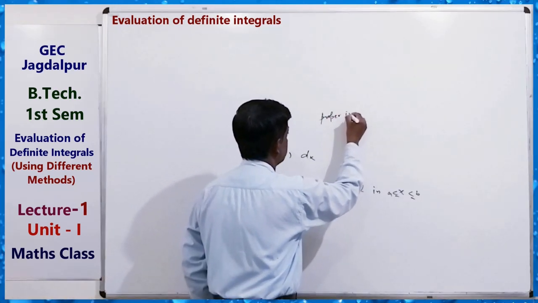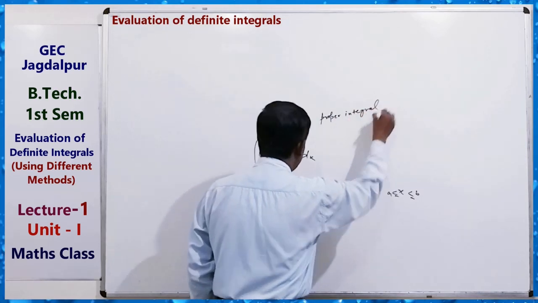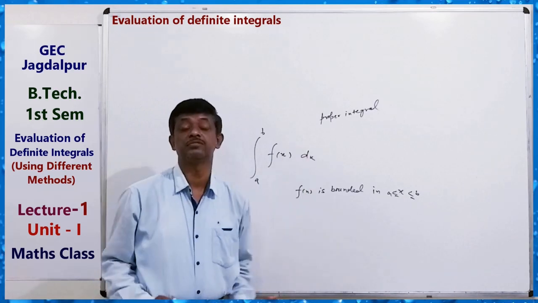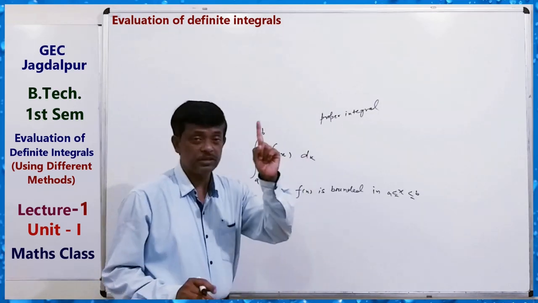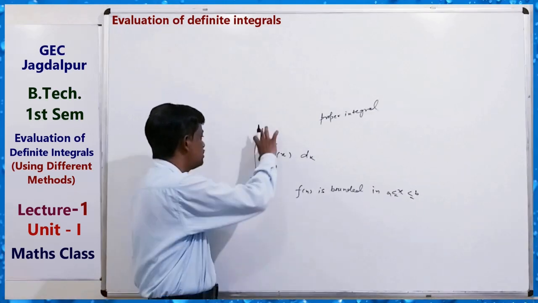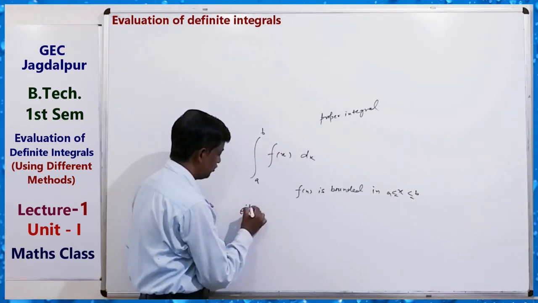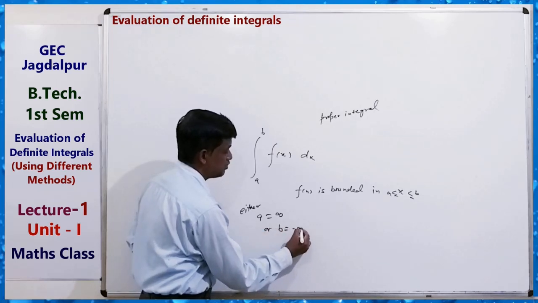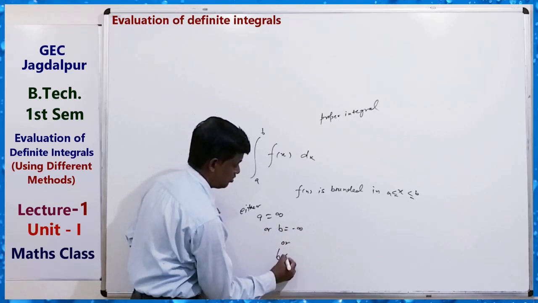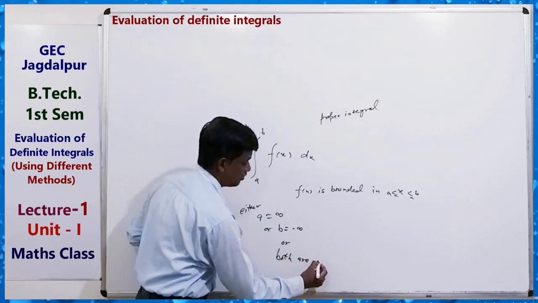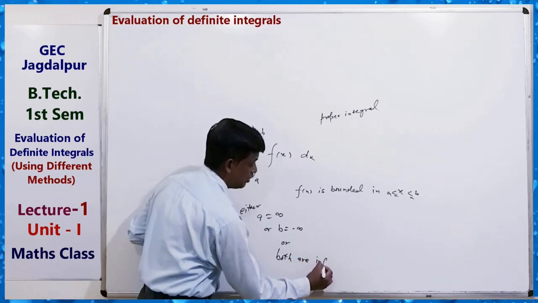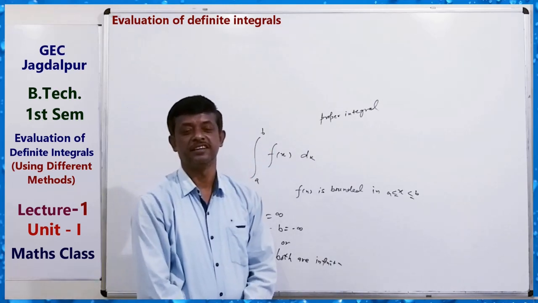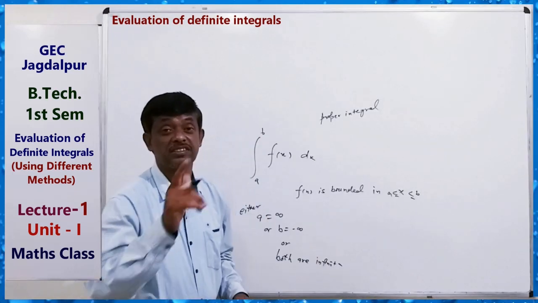Proper integral and improper integral. What is an improper integral? If the function is not bounded, there are three types of improper integral. First, the improper integral of the first kind. If any of the limits, either a equals minus infinity or b equals infinity, or both are infinity, then the integration is known as an improper integral of the first kind.